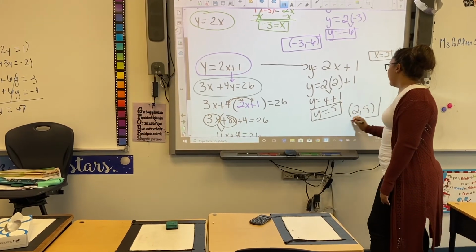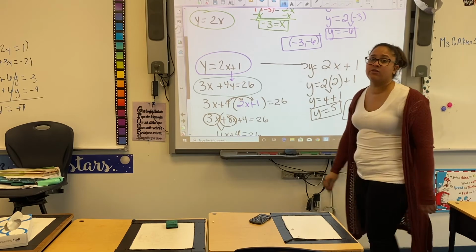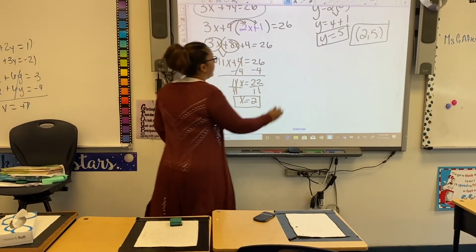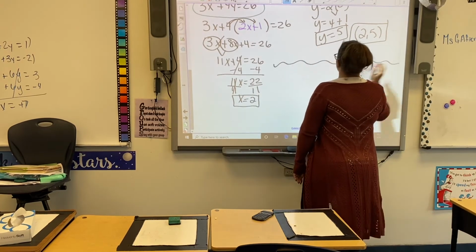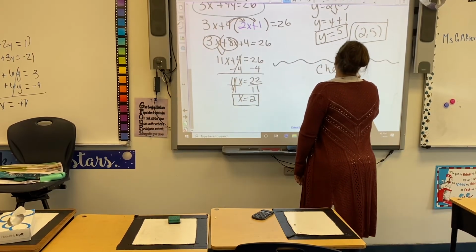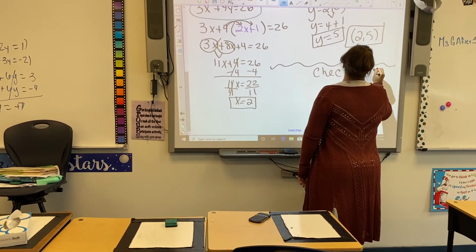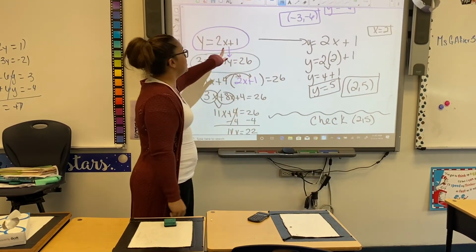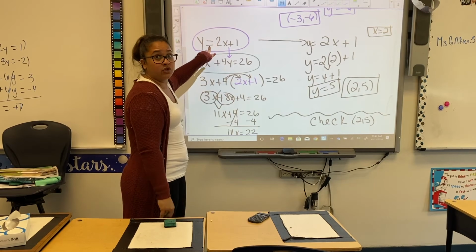Now, if I wanted to double check to make sure that I got it correct, again, you're just plugging what you got into your original equations. You can plug it in to whichever ones that you want. I'm going to plug it into the first one because the first one is the easiest and the shortest one to do.